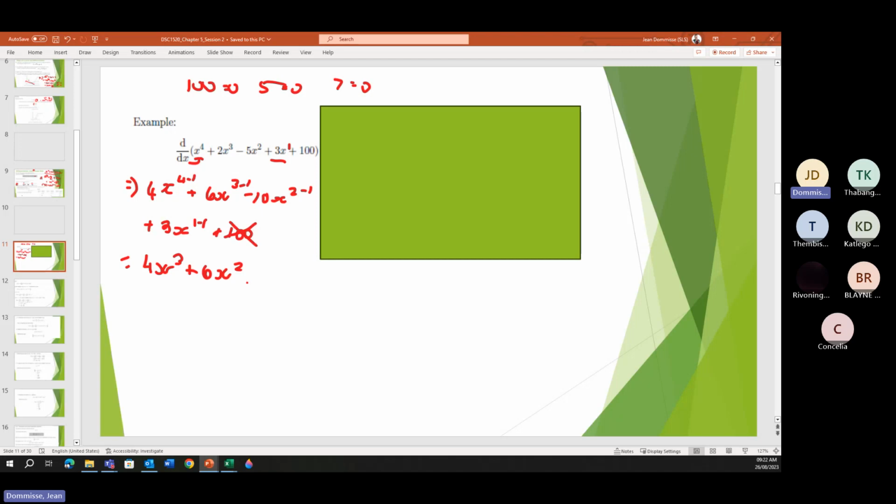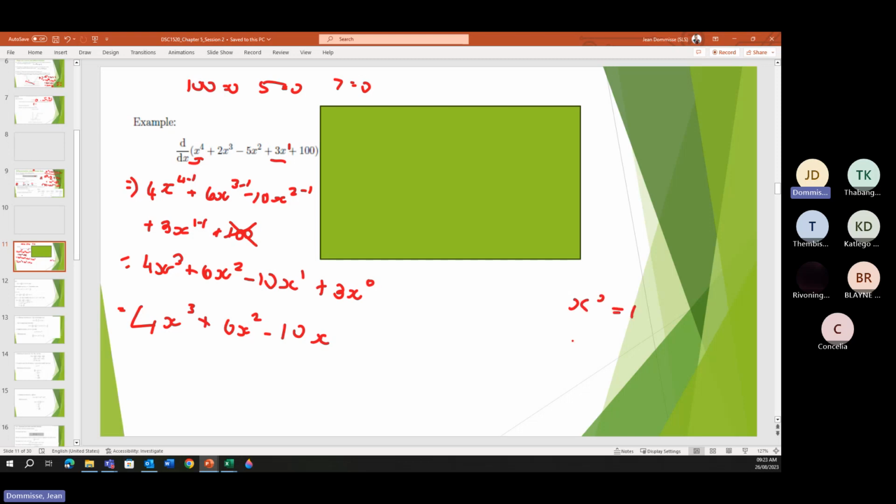Minus 10x stays, so it stays negative 10. x to the power of 2 minus 1 is x to the power of 1, which you can also write without the 1. 3x to the power of 1 minus 1 is 3x to the power of 0. x to the power of 0 is equal to 1.